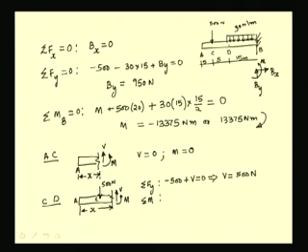Summing the moments about this point, we have the moment of this 500 Newton force, which is counterclockwise and which is equal to 500 times this distance minus the distance AC, which is 5 meters.